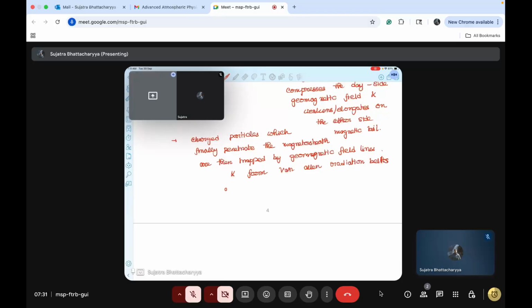Now the inner belt consists generally of protons, and the outer belt has electrons. Okay, and the charged particles go in helical motion.